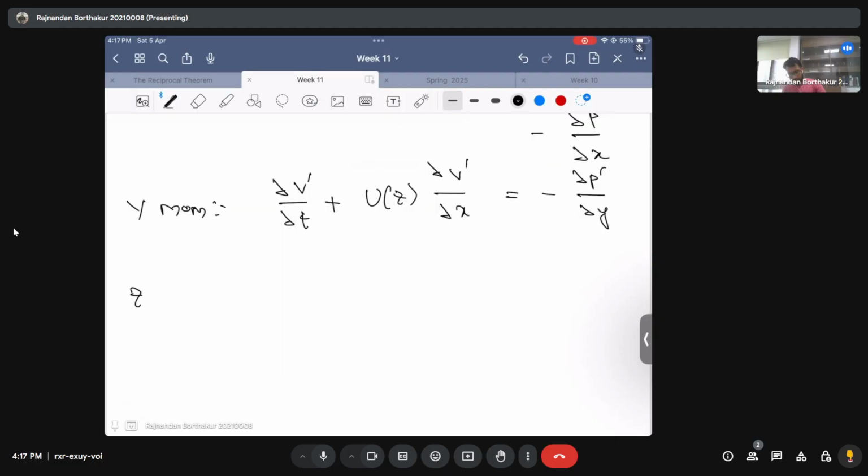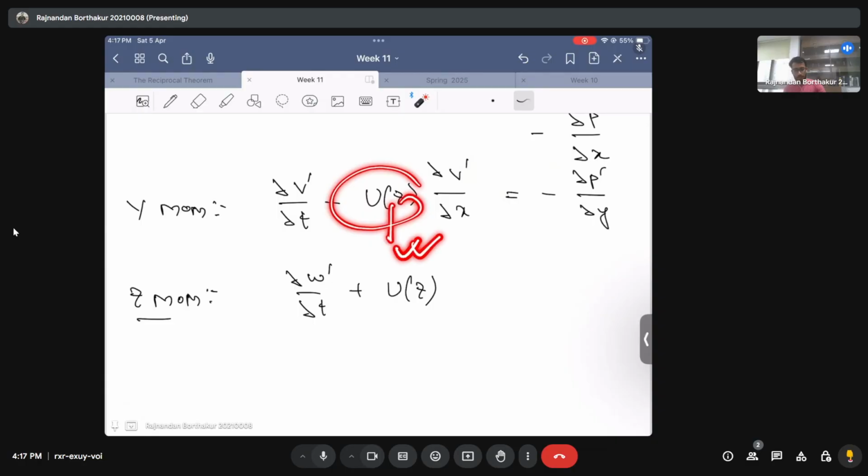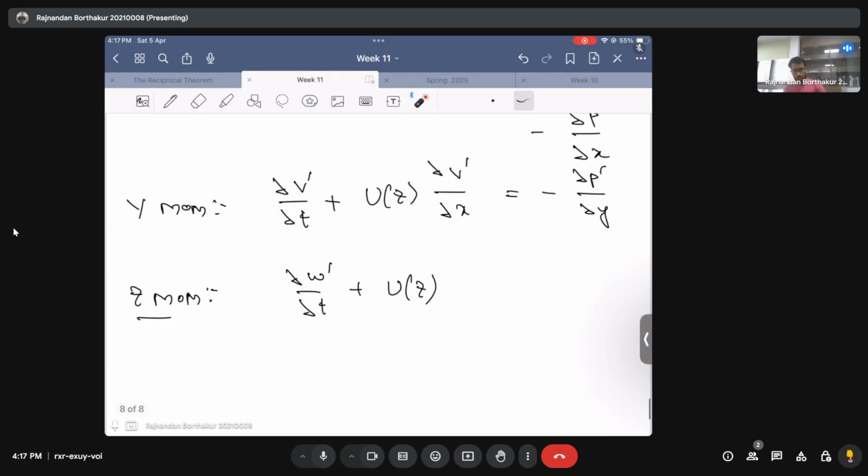And the z component is del w prime by del t plus u of z. Remember, this is not a nonlinear term because the base flow profile is already known to us. This is the only unknown that we don't know. So don't confuse this with a nonlinear term.